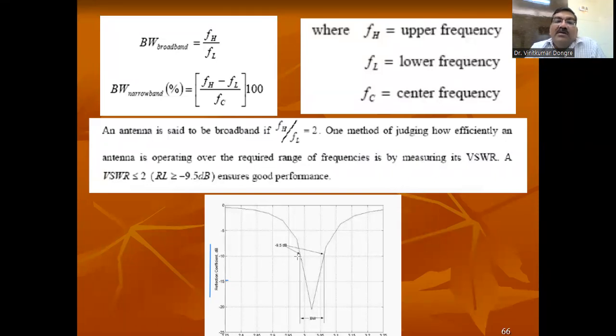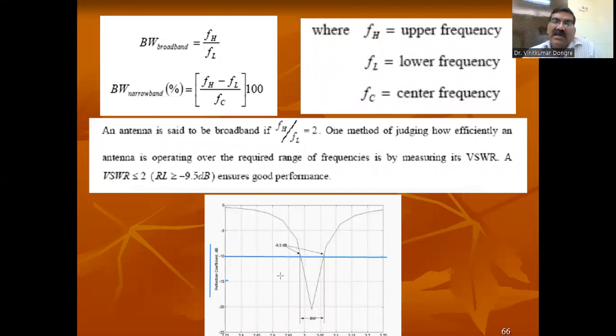In some general antenna parameters, maybe minus 6 dB is taken, but the general standard is 9.5 dB. So minus 9.5 dB is the reference, but practically it is taken as 10 dB. When I design the antenna, simulate it and use it practically, 10 dB is the general practical standard.